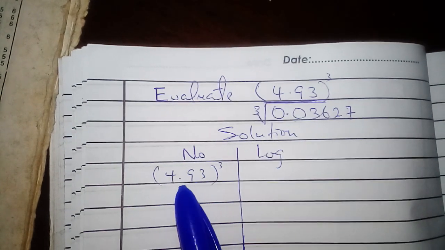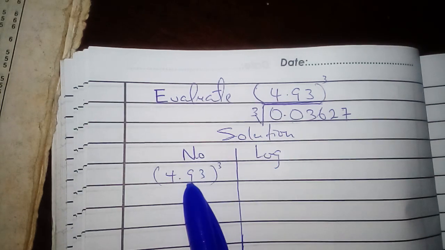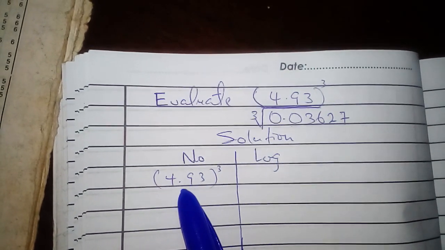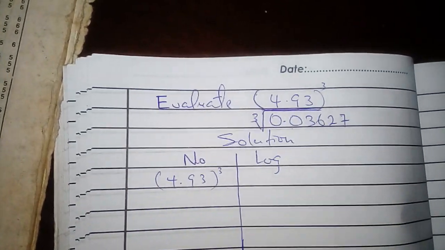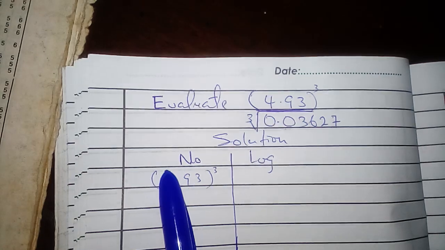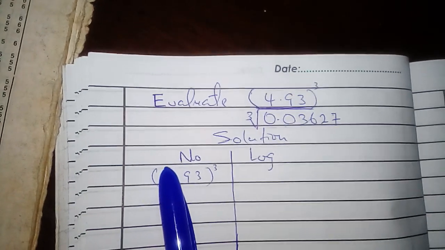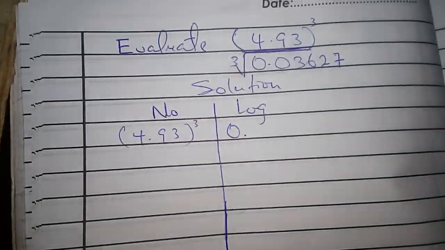How? I explained it in the other video. We mind the whole number, and when you close it there's no other whole number, so it is 0. You put 0 here and put your point there.